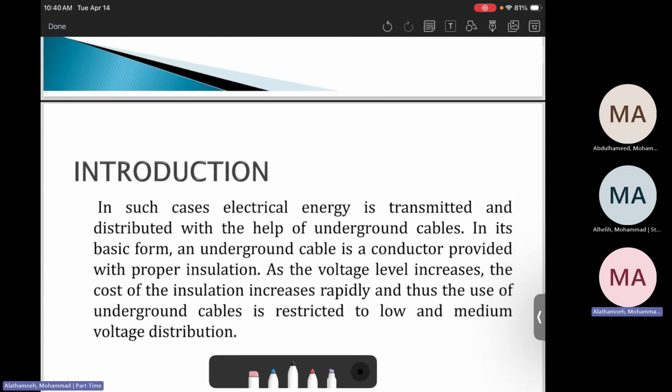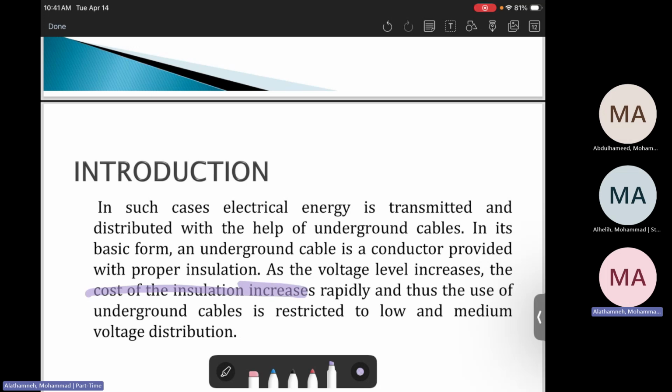When it's transmitted on underground cables, the overall cost is very high, because we need to have insulation, and the installation is very high. As the voltage level increases, the cost of insulation increases as well.